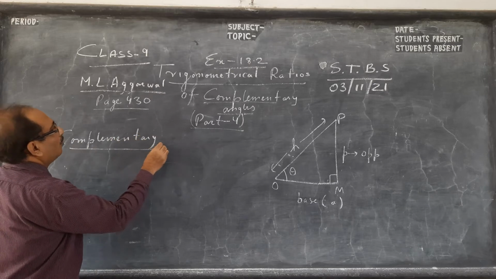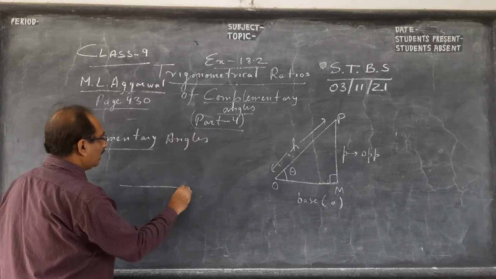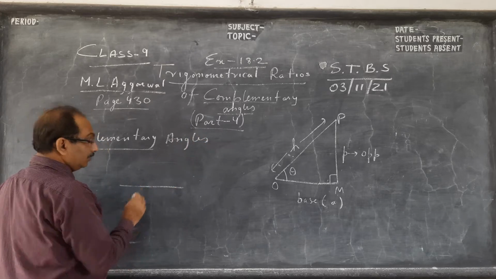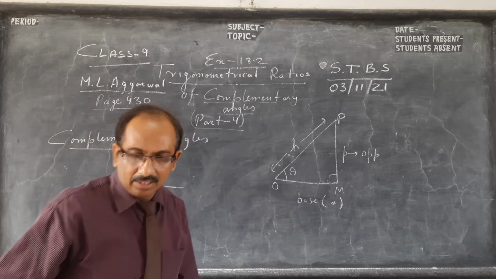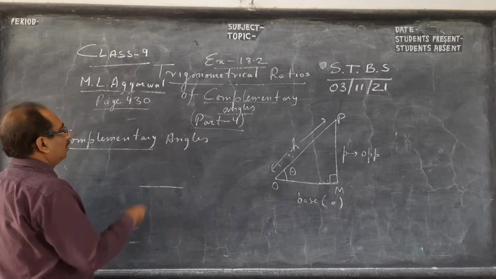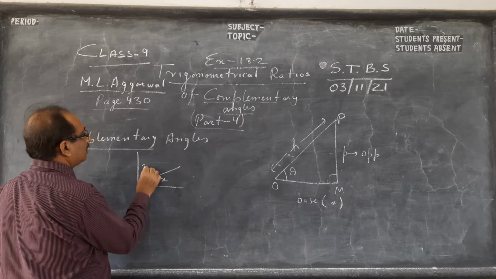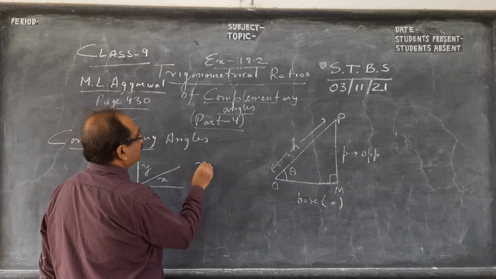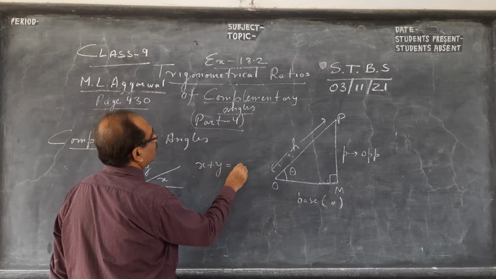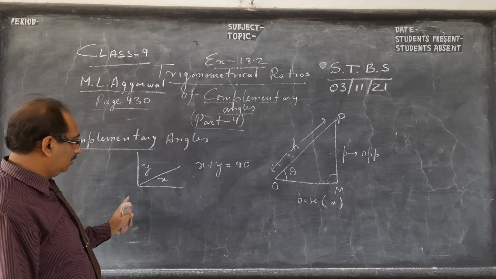So complementary angles, if you see, children, if you have the sum of 2 angles, suppose this is x and another angle is y, when the sum of 2 angles is equal to 90 degrees, they are called complementary angles.